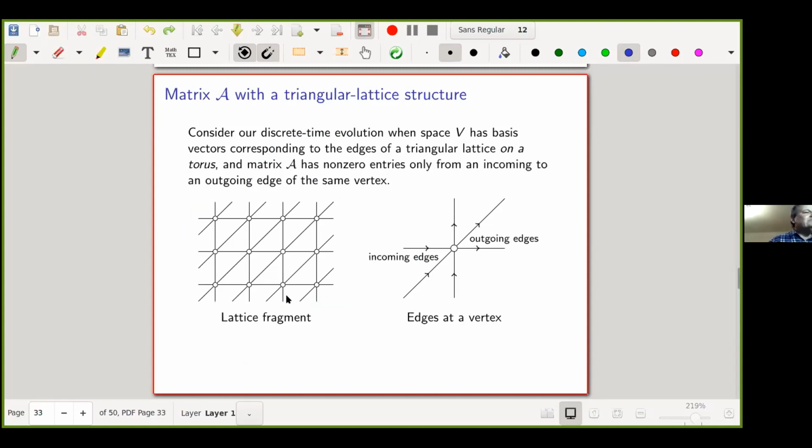And let my space V be such that there is exactly one basis vector for any edge here, for this edge, for this edge, and how many colors do I have?